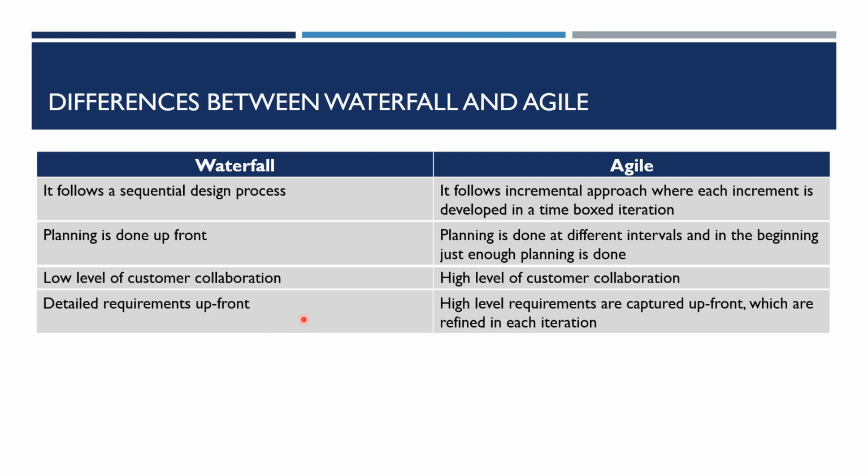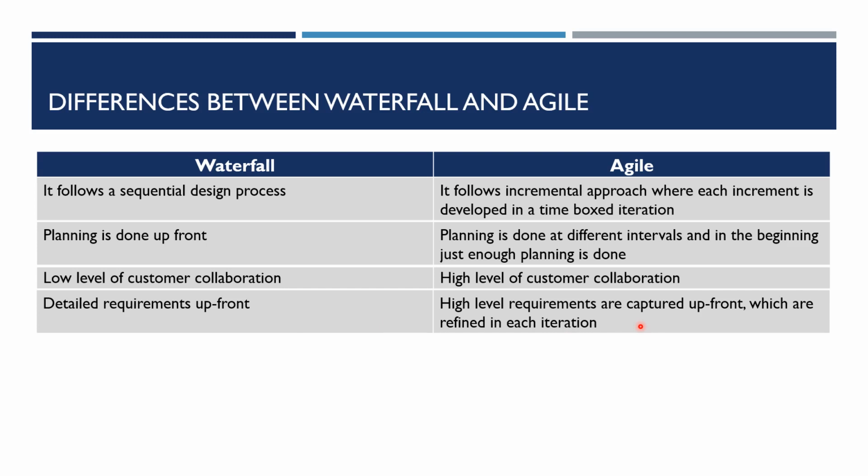Detailed requirements upfront. The requirement gathering is also done upfront in the beginning, and then it hardly changes. If you have to change a requirement after the development is started, you really have to follow a very lengthy change control process. In Agile, high-level requirements are captured upfront, which are refined in each iteration.